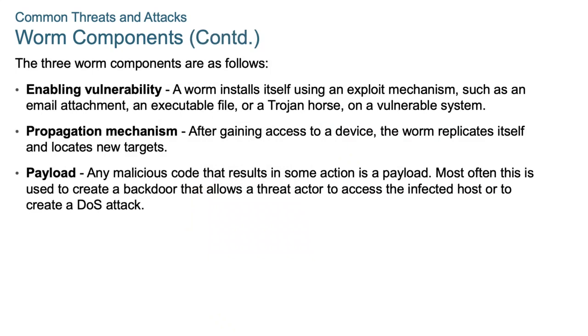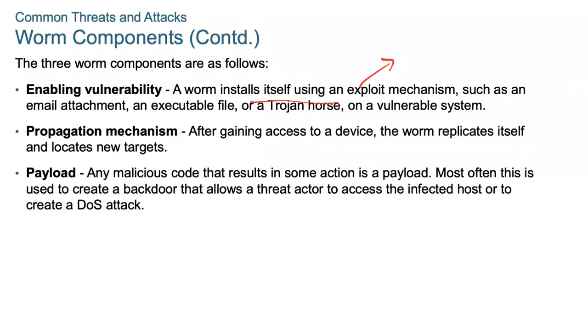The first one is enabling the vulnerability, meaning the worm installs itself on the server by using an exploit mechanism, which means it uses the attacker's tools. That means getting access to your server by using some attacking tools.